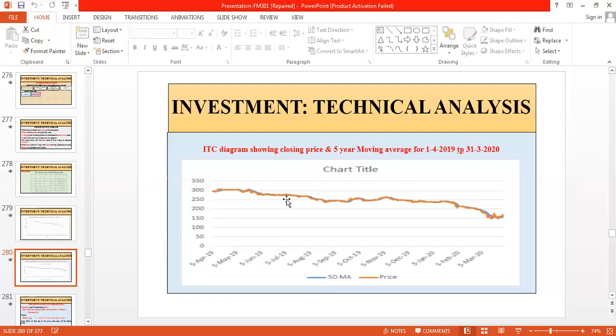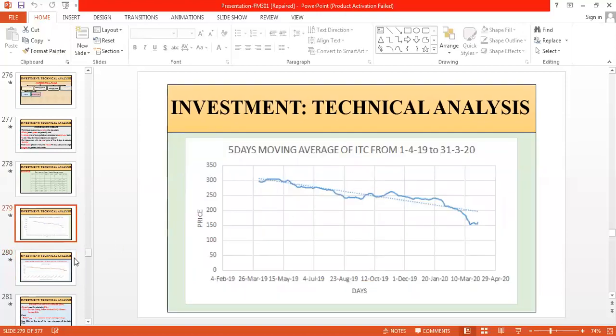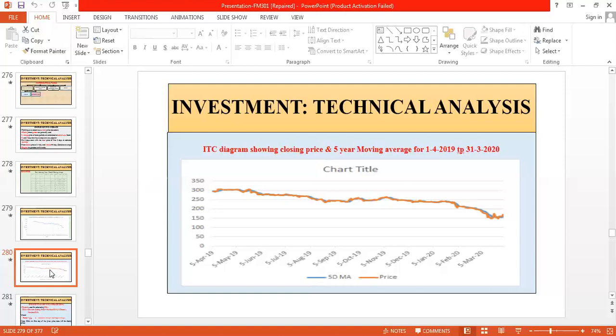In fact, it is not necessary that it will always be smoother, meaning the waves will be less, but it will definitely remove the erratic movement in the price and make the comparison easy.